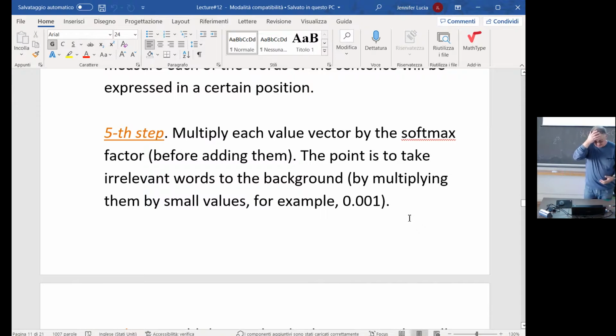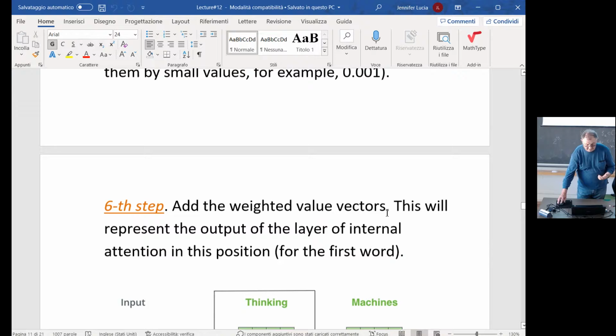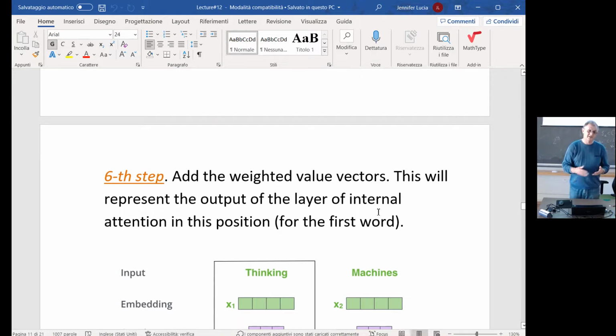The fifth step is to multiply each value vector by the softmax factor before adding them. The point is to take irrelevant words to the background by multiplying them by small values, for example, 1/10,000. Sixth step: so we truncate the words of small relevance.